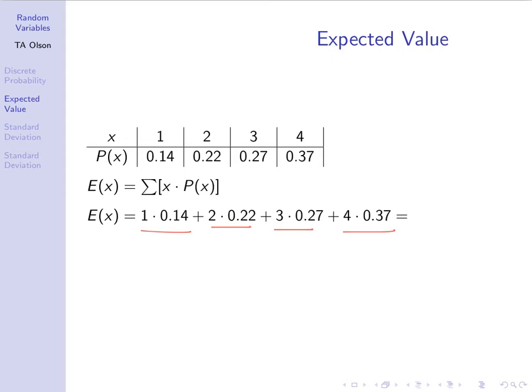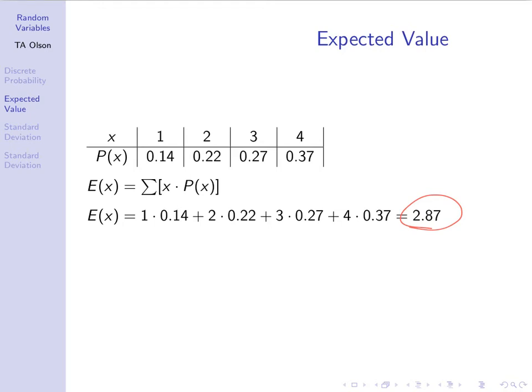Now we grab a calculator, and what do we get? We get that our expected value is 2.87. If you want to go back and calculate the fair die, the average would be about 2.5. So this is a little on the high side.